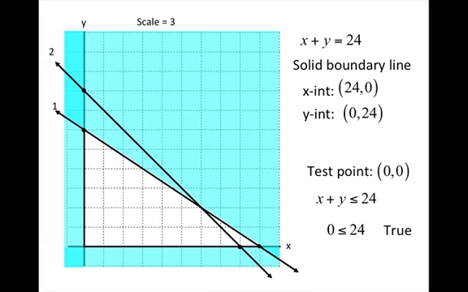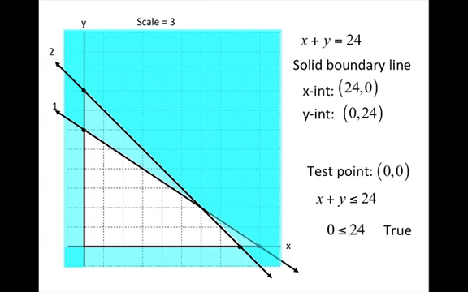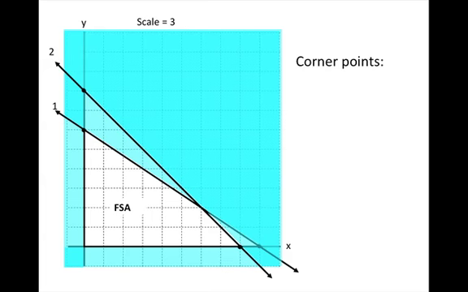I shade or I mark out the other side. So shade above the line. So this gives me the feasible solution area in the corner of quadrant 1 again. It's four-sided and it's enclosed on every side by a boundary line, so it's a bounded solution area.